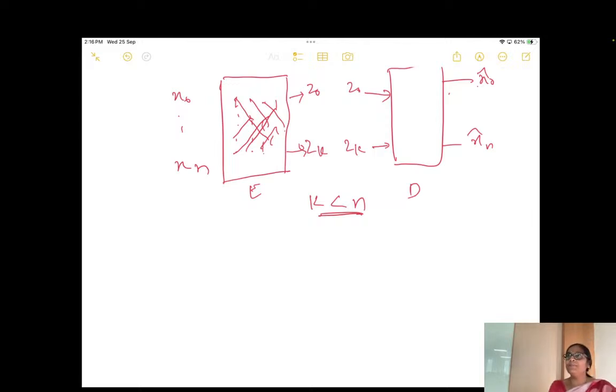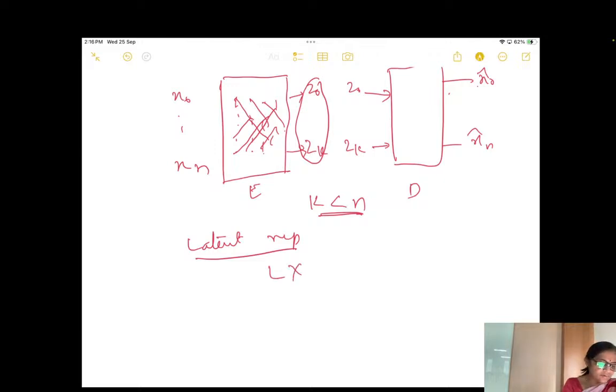So what is this Z? Z is the latent representation. If I do this and just minimize x minus x cap squared over phi and theta, what are the challenges or problems?